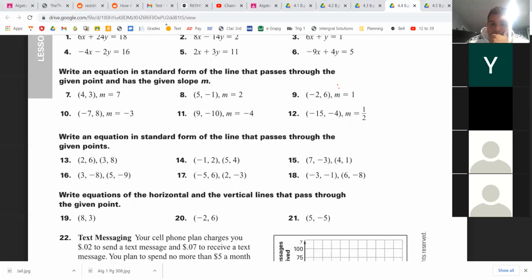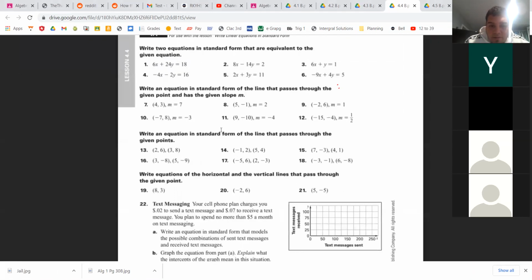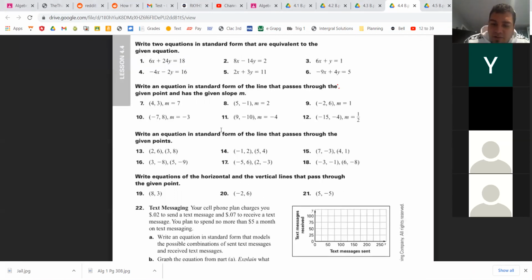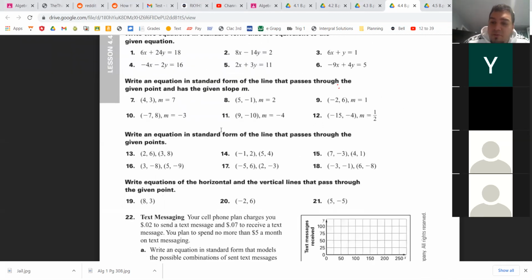So I don't think I told you 1 through 6. I think I told you 7 to 18, I'm guessing. So what we're going to do is make this into standard form. Now, in order to make it standard form, the tricky part is you actually need to know your point slope form before you can make it standard form.